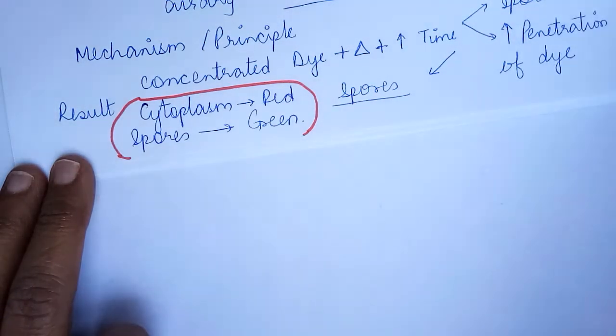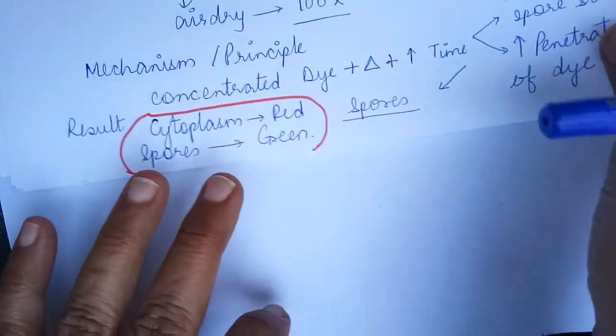Now we'll try to draw the figure for this particular staining. First of all, we will draw the cytoplasm, which should be red in color. So we will draw like this.